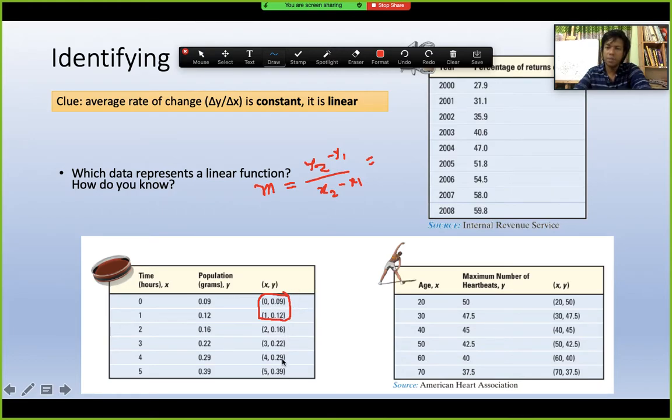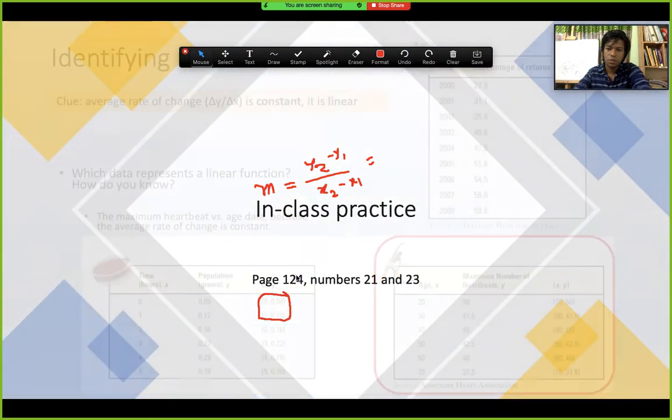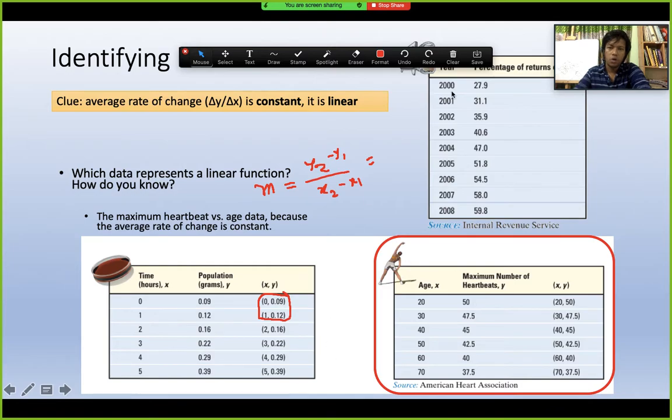And for this chart, the slope is the same for all of them.